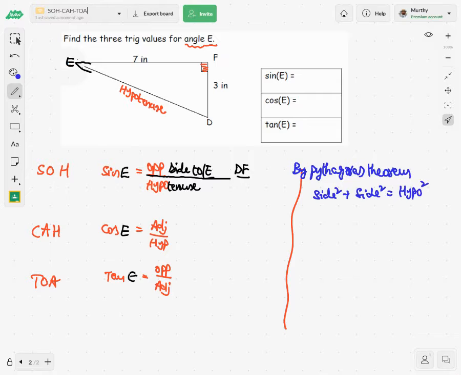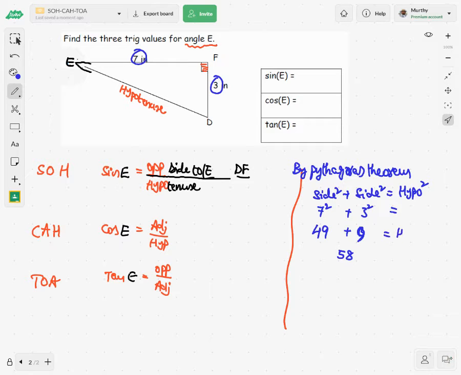We don't know the hypotenuse, but we know the other two sides: one is 7 inches and the other is 3 inches. So 7 square plus 3 square. A gentle reminder, 7 square is not 7 times 2, it is 7 times 7. That gives me 49. 3 square is not 3 times 2, it is 3 times 3. That gives me 9. So 49 and 9 gives me 58.